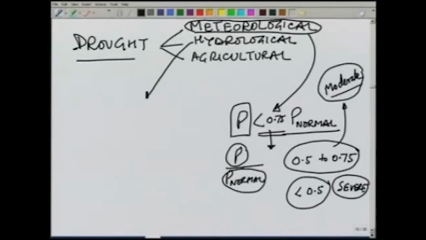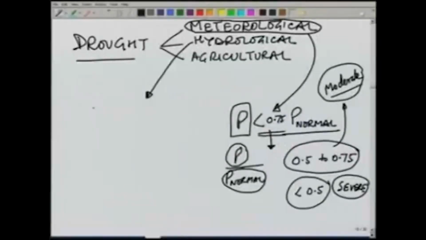Now, just because the rainfall is less than normal does not mean that, let us say, stream flow will also be less than normal, because there may be a stream flow which is contributed by the base flow, the groundwater discharge, and that may happen even if there is smaller than normal rainfall. So, only meteorological drought does not indicate a drought in terms of hydrological variables.